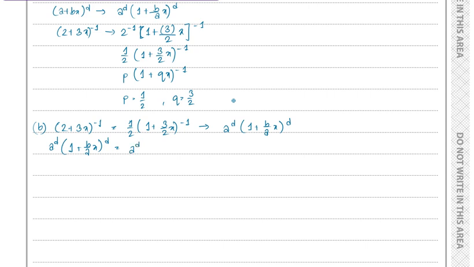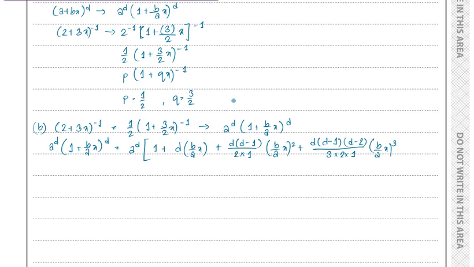At first we'll write a^d, and then bracket 1 plus d multiplied by b/a x, plus d(d - 1)/(2 × 1) multiplied by (b/a x) squared, plus d(d - 1)(d - 2)/(3 × 2 × 1) multiplied by (b/a x)^3. Since the question has asked us to expand till x^3, we don't need to write more terms.